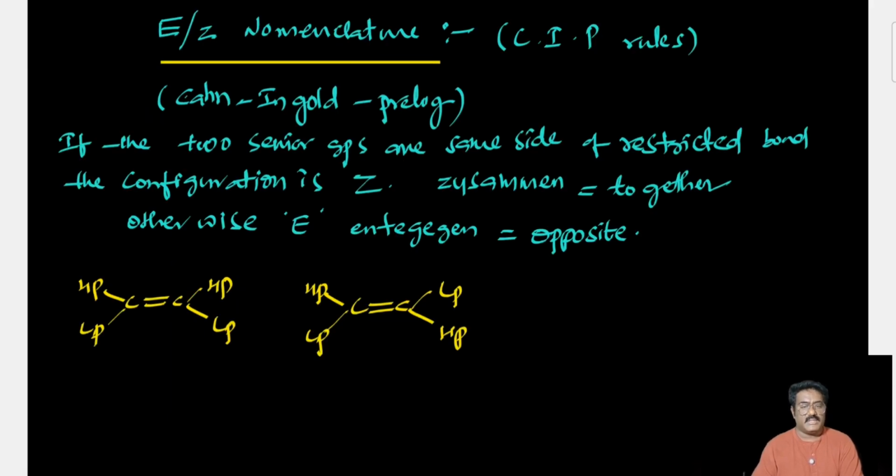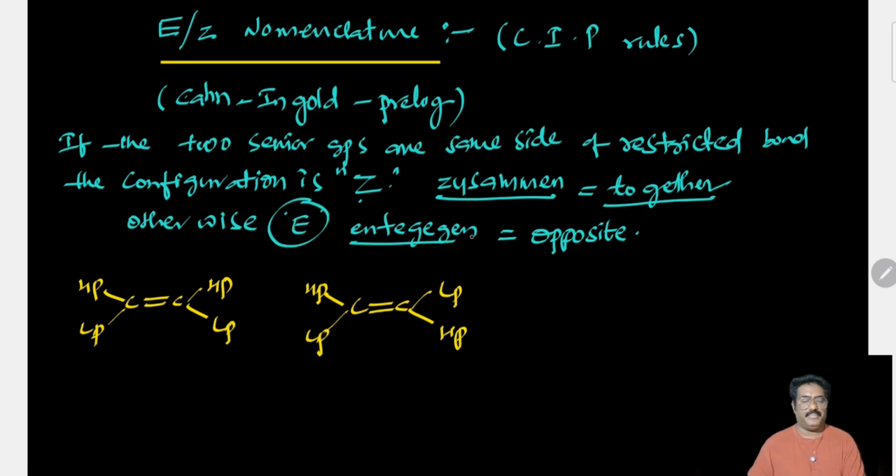EZ nomenclature follows the CIP rules, also called the CIP rules: Cahn, Ingold, Prelog. Look at EZ nomenclature. If two senior groups are on the same side of the restricted bond, the configuration is Z. Z from the German zusammen means together. Otherwise E means entgegen, which means opposite. In the restricted rotation of the carbon double bond, this is a higher priority and this is a lower priority.